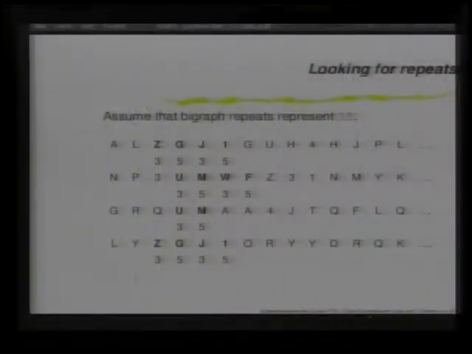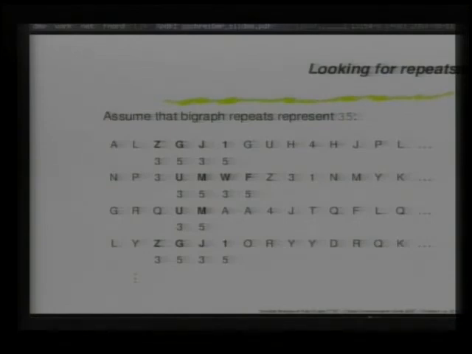And what you can do is just guess that these repeating bigraphs are probably 3-5s in the plain text, because to have a bigraph at the same position in 2 different plain texts is not so common.